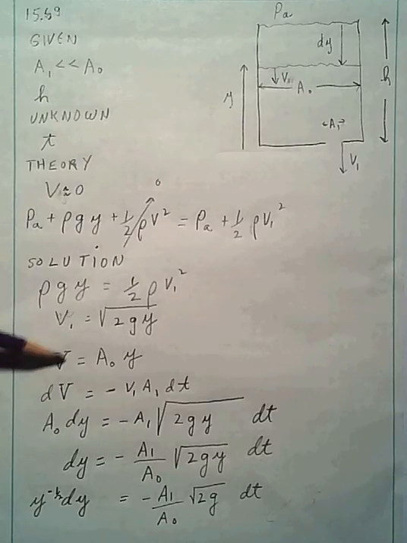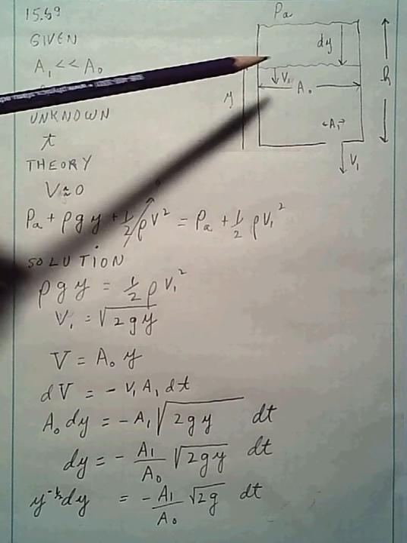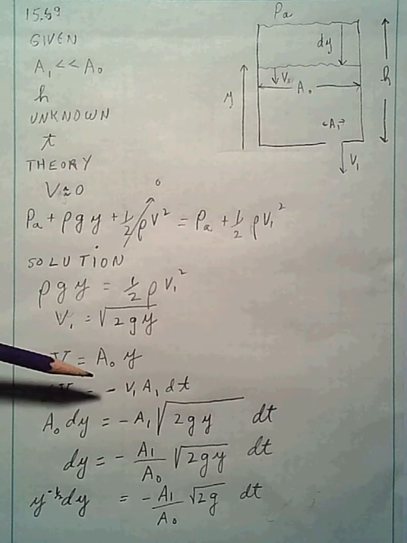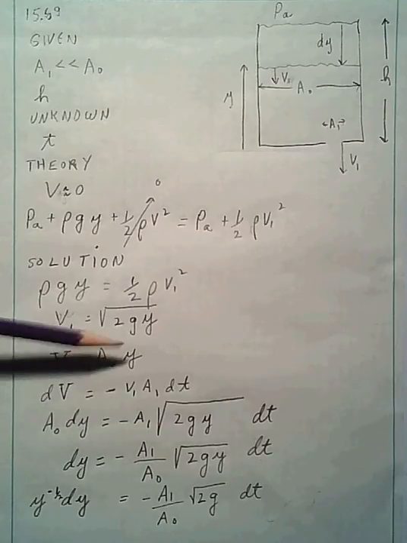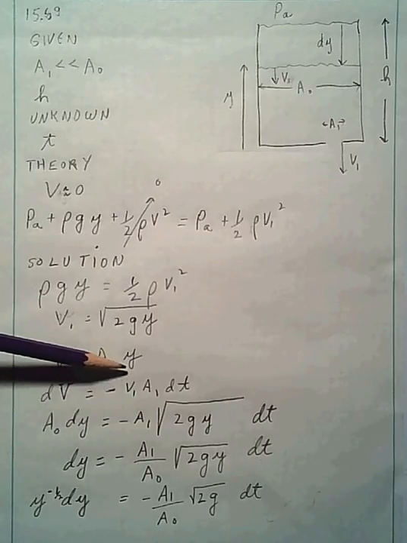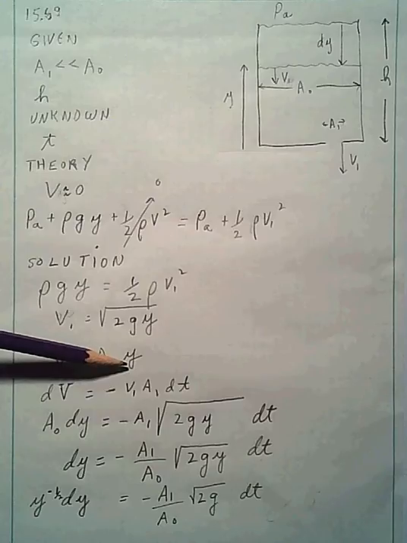I'm going to use this symbol here to denote the volume of the water that's left in the can at any instant. And that will be equal to the cross-sectional area of the can times the height of the water that's still in the can.